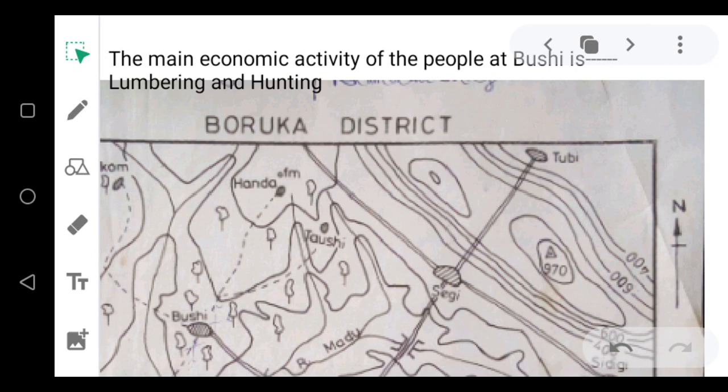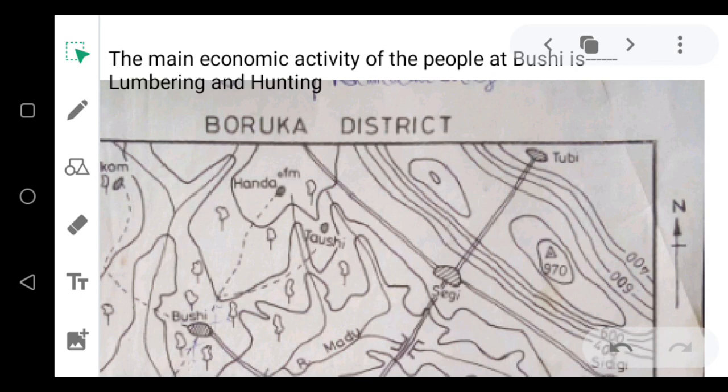Down left corner. Can you see Bushi? So what will help you to give the economic activity? It is the features surrounding Bushi. Here, you can see Bushi surrounded with trees, forests.